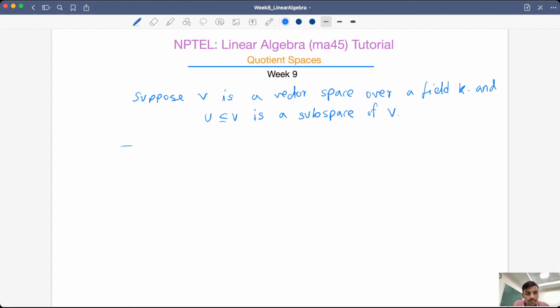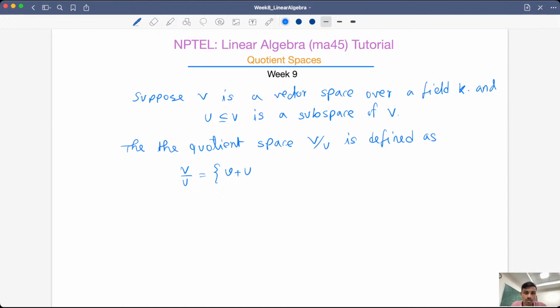Then the quotient space V mod U is defined as V mod U equals all elements of the form v plus U. This is like translating a set isomorphic to U itself; I am translating each element of U by v.